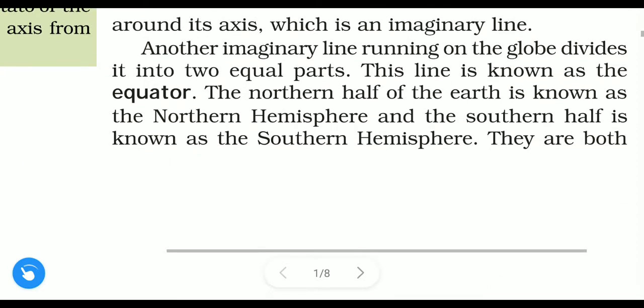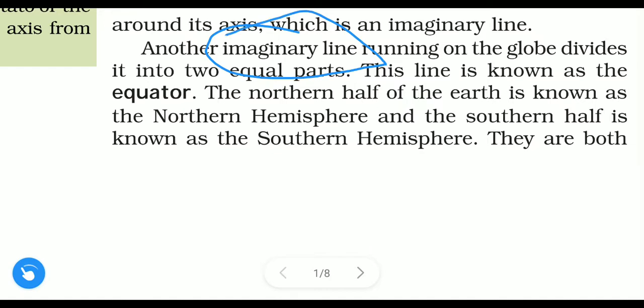So let us discuss further. Another imaginary line running on the globe divides it into two equal parts. The first line we discussed was the earth's axis, which is an imaginary line. Which is the second imaginary line on the earth's surface? The second imaginary line, which divides the globe into two equal parts, is known as the equator.